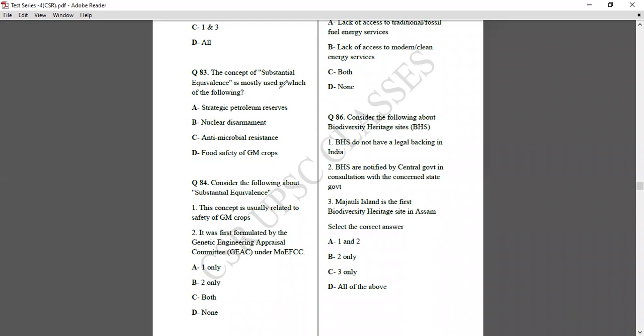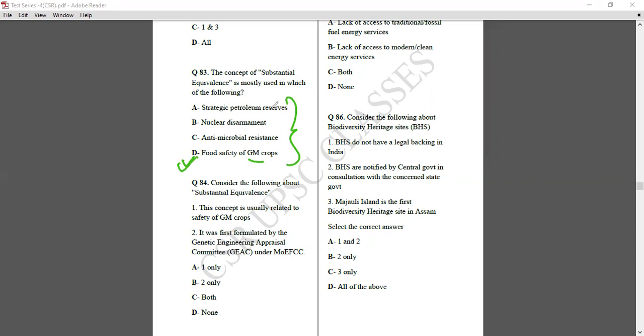All four options are in a way related to current affairs. But genetically modified crops is not even a current affair, it's a static topic. So substantial equivalence is related to food safety of GM crops.